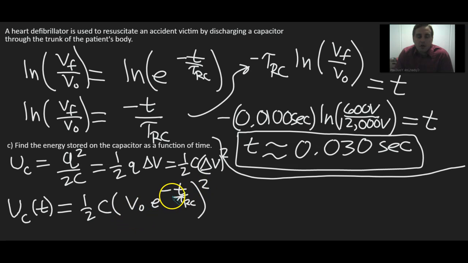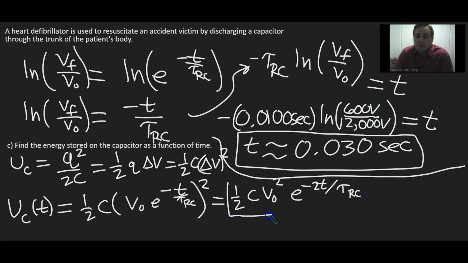Now, hopefully you recall that this is a power of a power, so we multiply the powers. And then we're going to have C times VO squared. So this is going to be 1/2 C VO squared e to the minus 2t over tau RC.